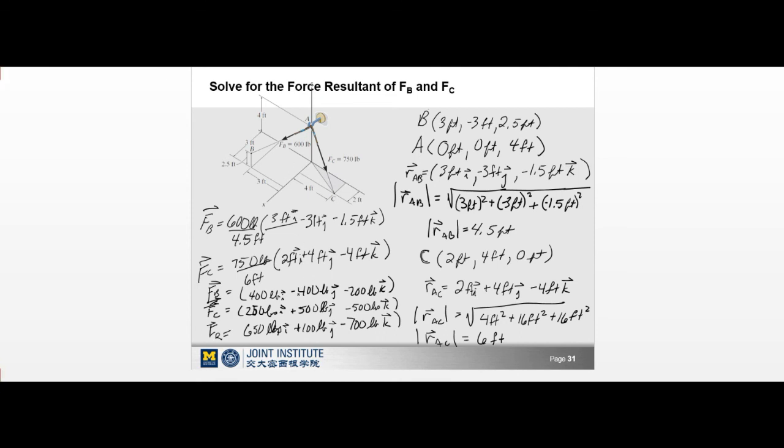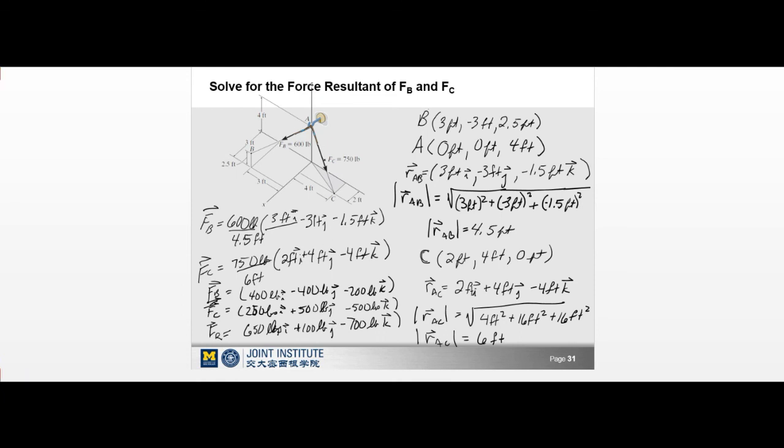So you can see here, this was a negative 400 in the J for FB, a positive 500 pounds for FC. So then we have to get a lot closer to the x-axis, or closer to 0, with this force resultant here. To me, that makes a lot of sense, right? How about these other components?